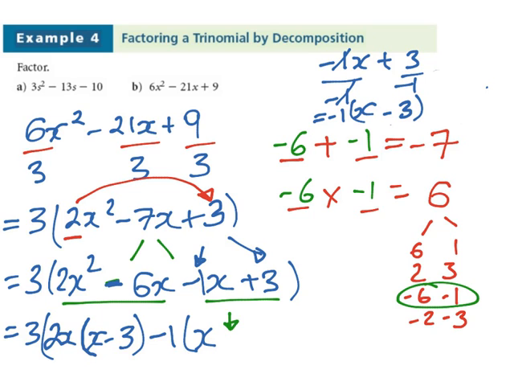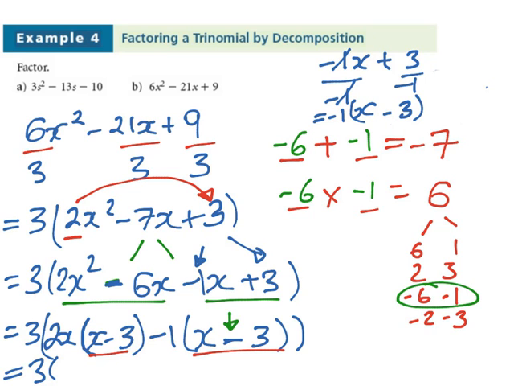What's coincidental and also very important is that you will always get the same factor of x minus 3 in this case. If you didn't get the same factor, then you did something incorrect. The very last step is to factor out x minus 3.